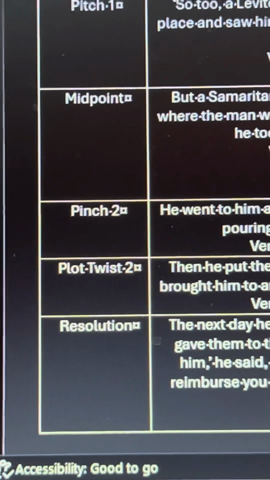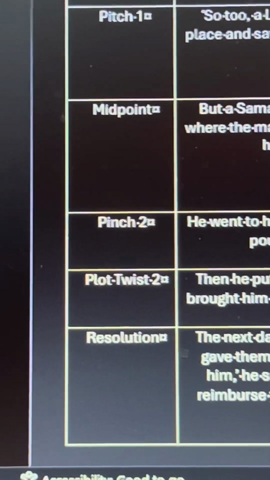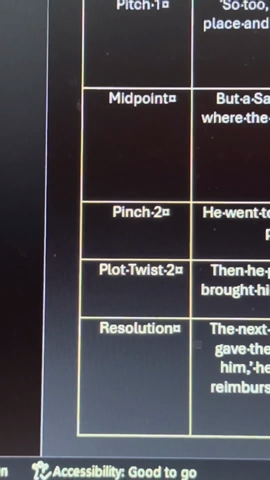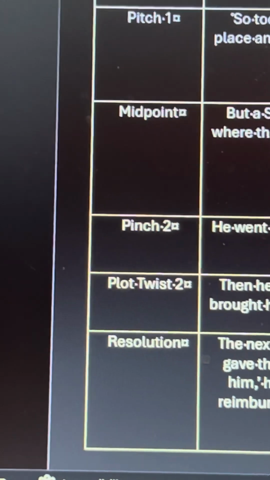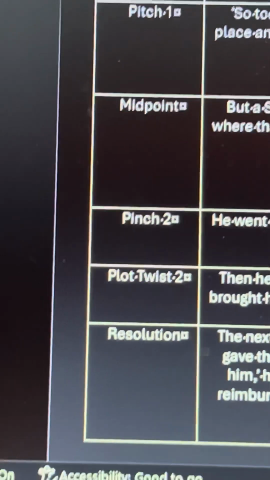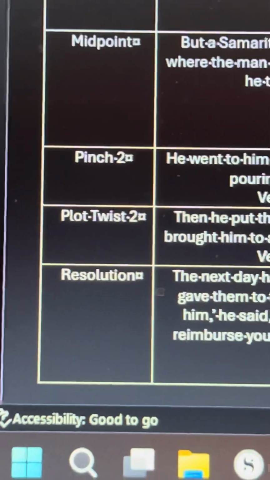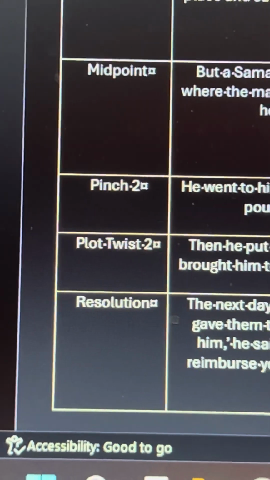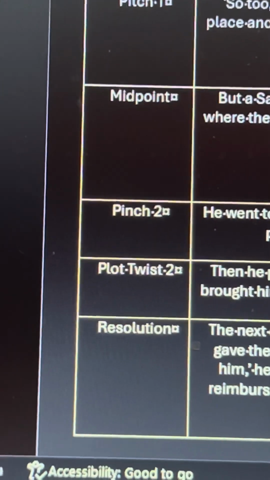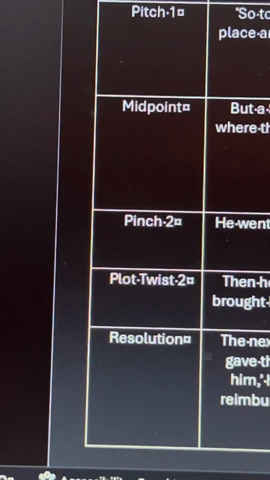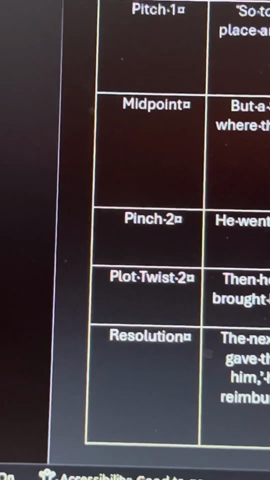And then plot twist 2, the plot turning towards the end. We're nearly at the end, and then obviously the resolution. We get to the end, the story ends, everything turns out happily ever after, or not, as the case may be.